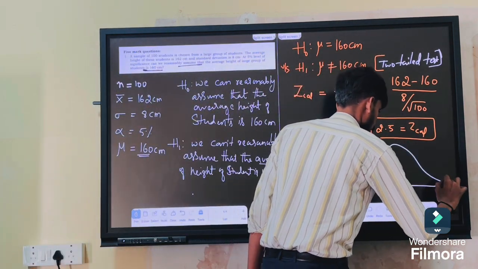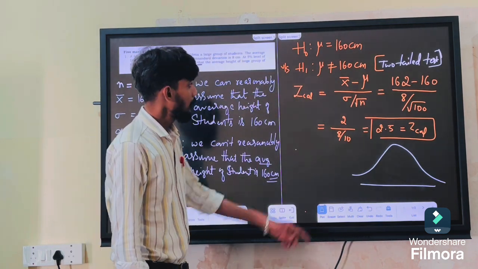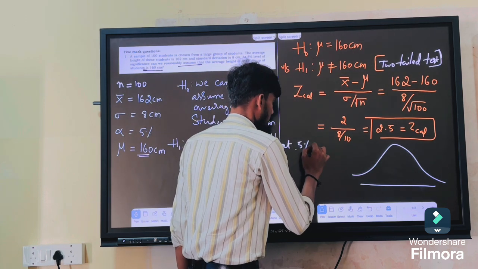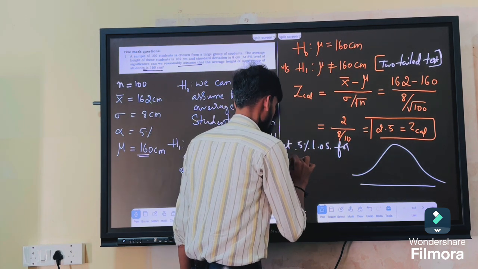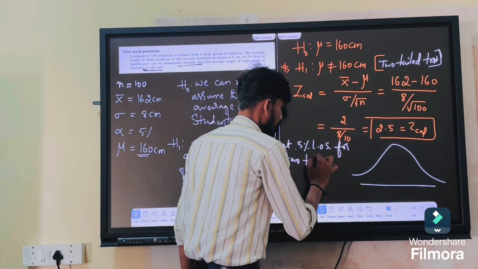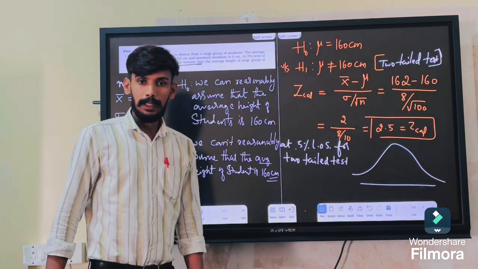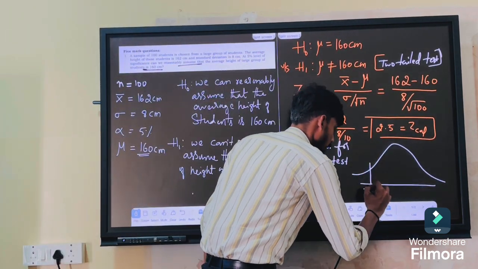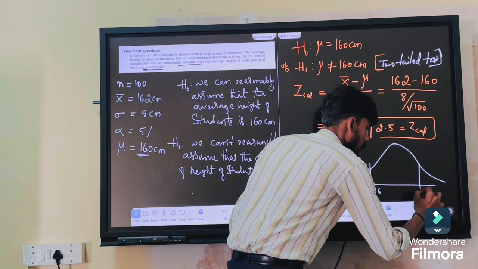At 5% level of significance for a two-tailed test, the critical values are minus 1.96 and plus 1.96.